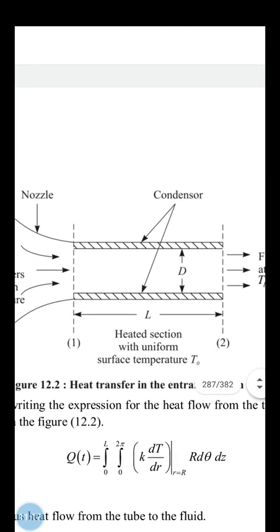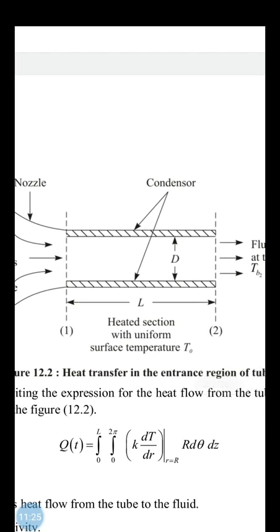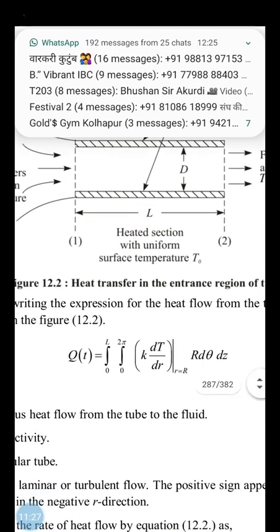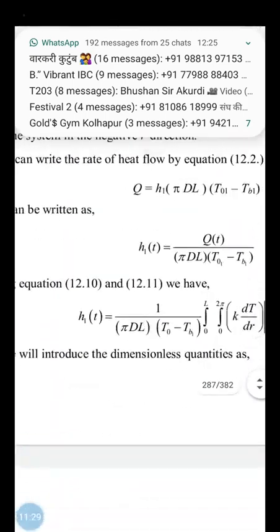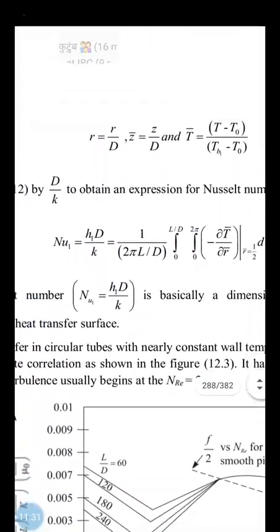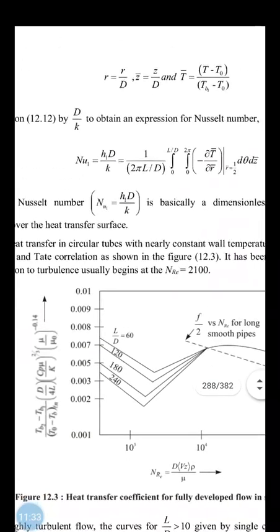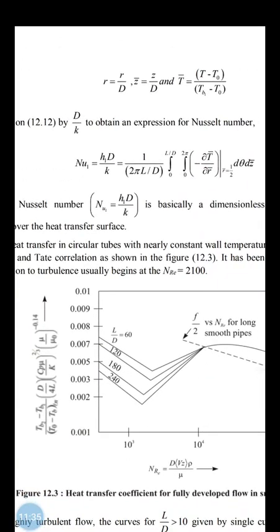One more important equation to find. This heated section with uniform surface temperature T0 can be used to define that equation. That equation can also be written in terms of a graph. Generally problems are asked based upon this equation.